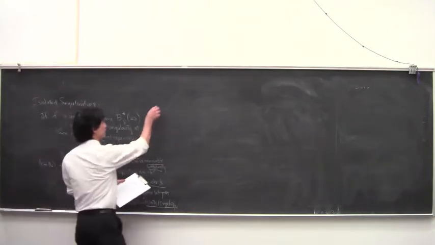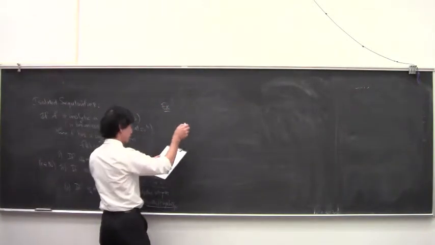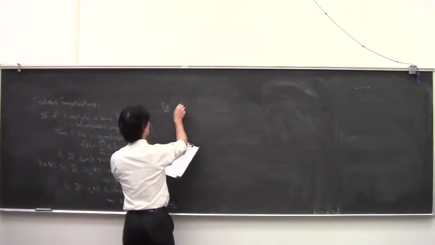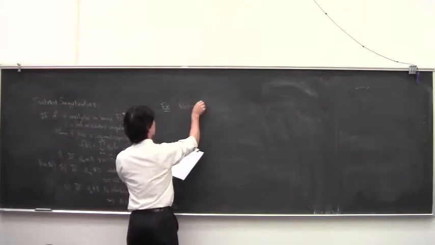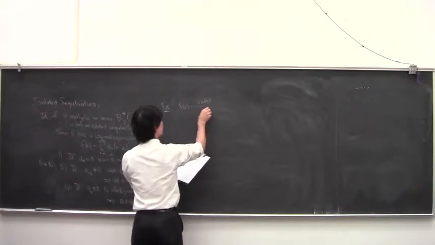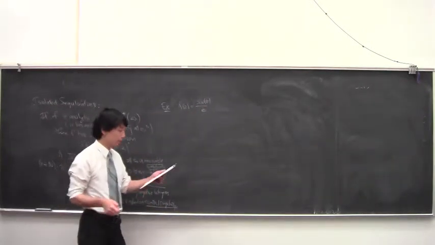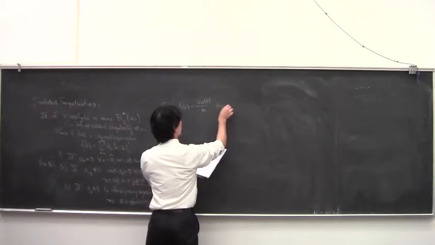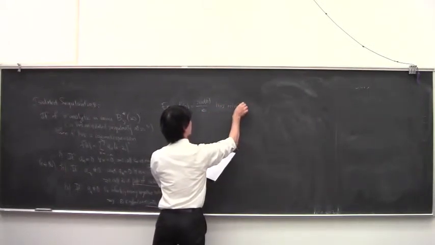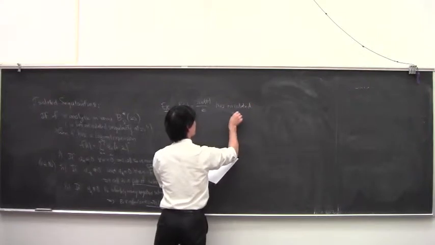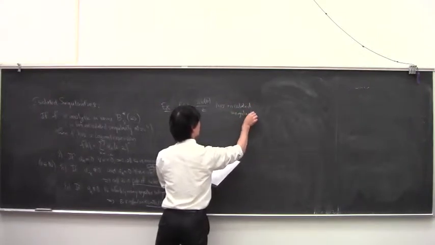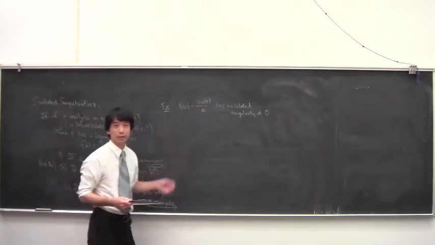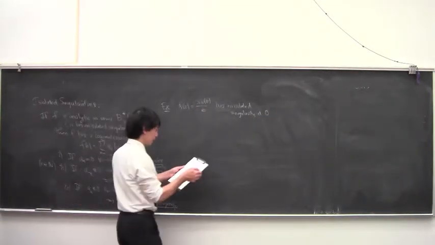Just to give you some concrete examples, look at sin z over z. This has an isolated singularity at 0. It's not defined at 0.